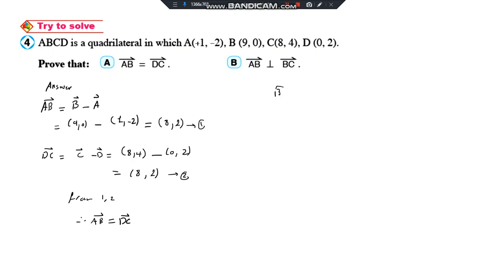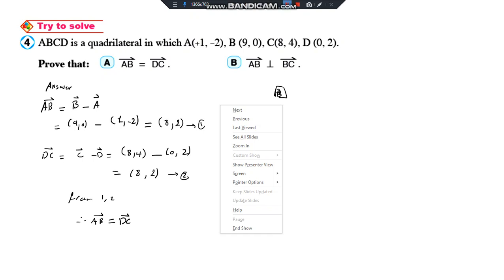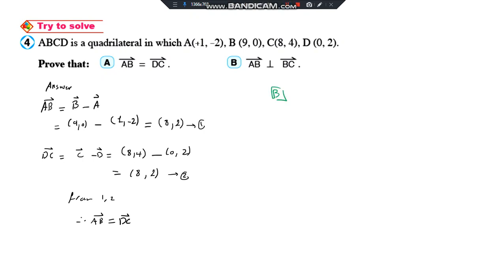Letter B, we want to prove that AB is perpendicular to BC.